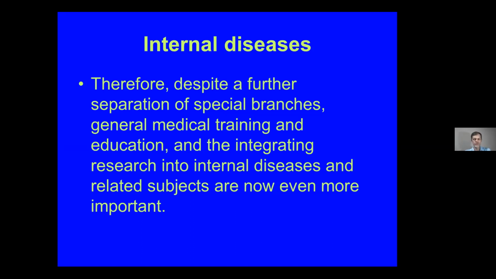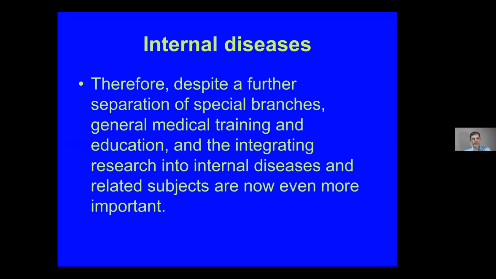For example, you have a patient with peptic ulcer, a very common disorder. If this peptic ulcer is uncomplicated, without complications, okay, this is internal medicine. A gastroenterologist will treat this patient. But if something happens, for example, bleeding, peptic ulcer may have such a complication as bleeding.